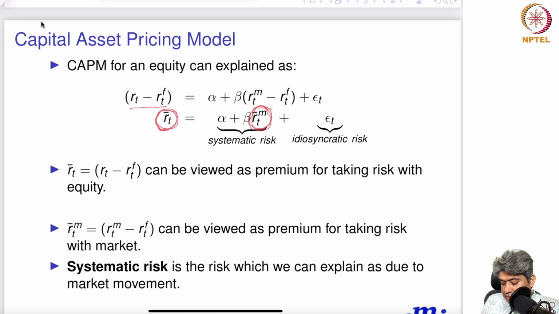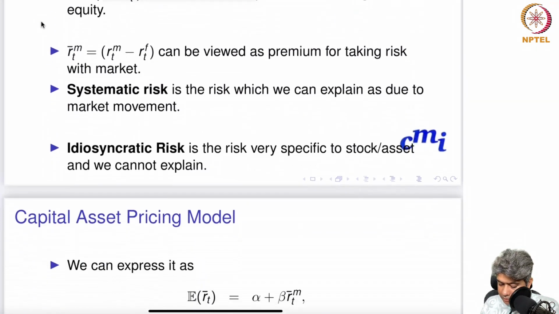In finance, this alpha plus beta RTM is called the systematic part of the return, and epsilon T is called the idiosyncratic part of the return. The risk because of this part is called systematic risk, and the risk because of this part is called idiosyncratic risk, or the risk which we cannot explain.